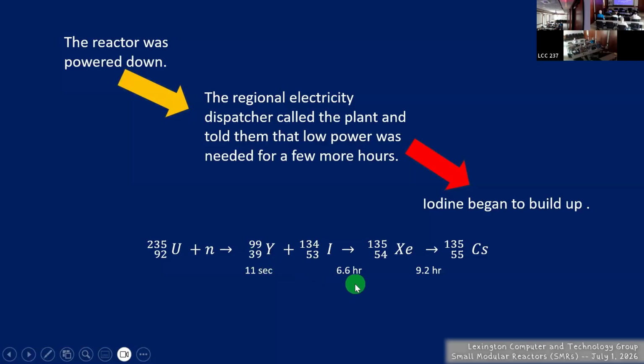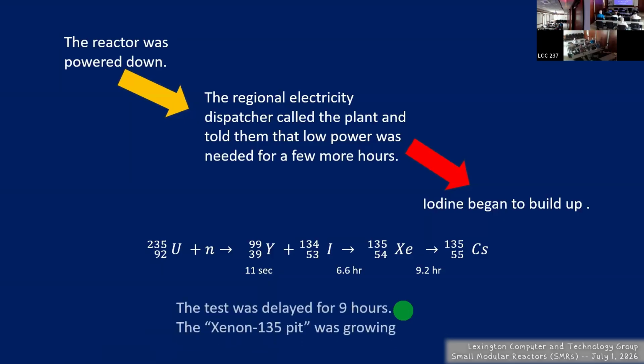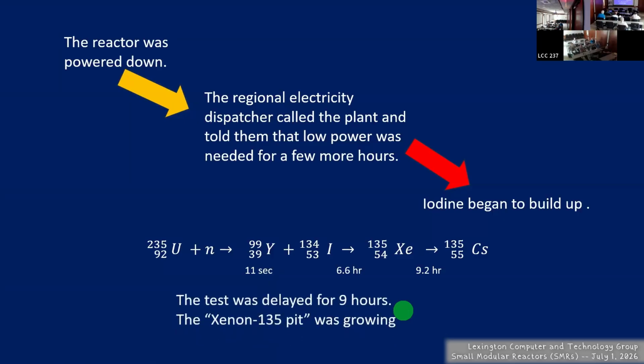The iodine takes 6.6 hours to become xenon and then 9.2 hours. So it starts to build up because you don't have that extra neutron that's going to bump it up to xenon 136. So the xenon poison begins to build up. Not a problem. Your reactor will just grind to a halt. So the test was delayed for 9 hours, and the xenon 135 pit was growing. Not a problem, just slows the reactor down.